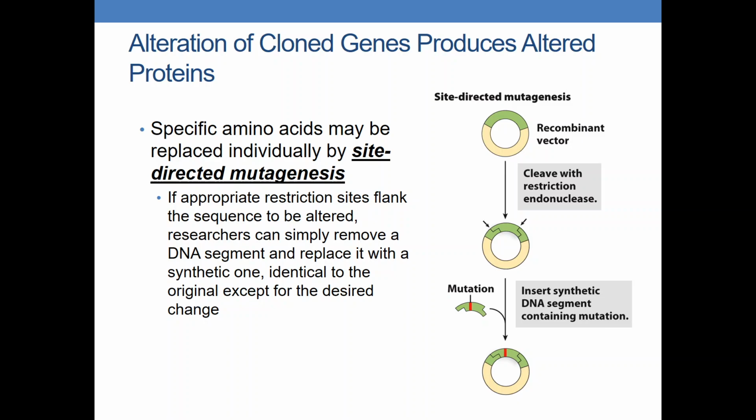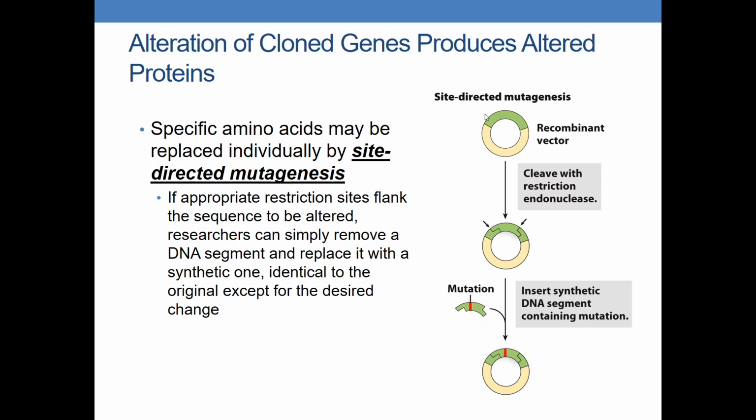That could mean that I delete a domain, or I add an internal extension, or I substitute one amino acid for another. All of these mutations can be done pretty readily via a method referred to as site-directed mutagenesis. So site-directed mutagenesis works kind of like this.